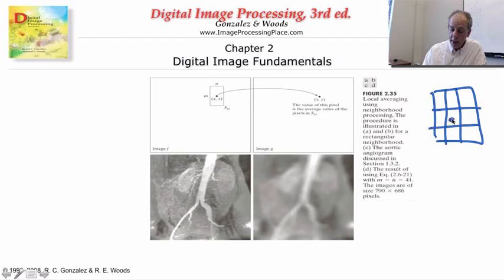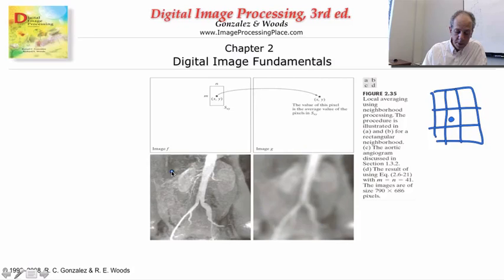So I can take this pixel and replace it by the average of everybody, including itself. So we just sum all the pixel values, we divide by 9, and we replace that pixel by that result. Okay? And this is the original image. We do that for every single one of the pixels.